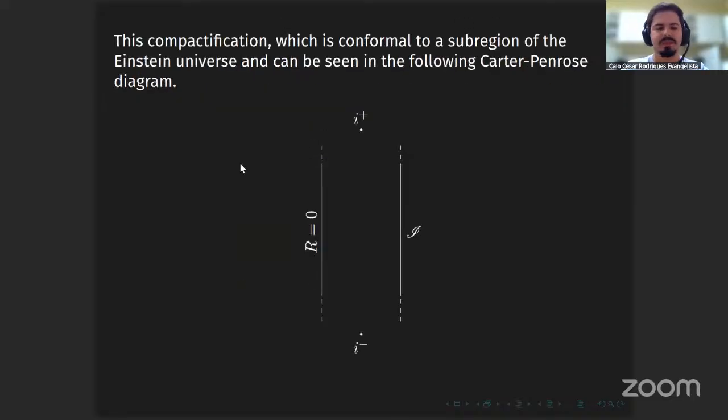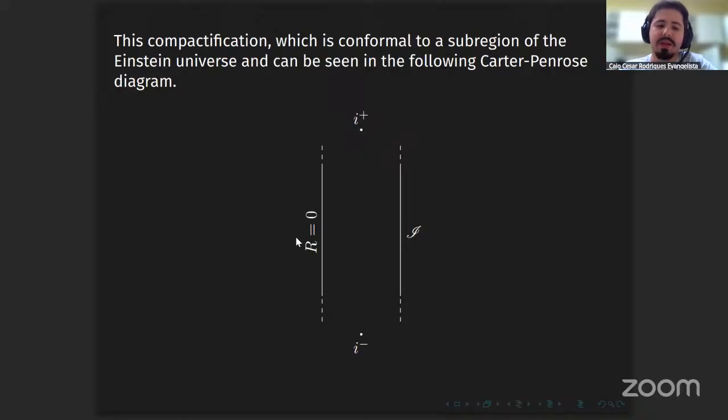So yeah, we can draw the Penrose diagram for this space-time, and it looks much similar to the anti-de Sitter space-time. We have the structure where I plus and I minus are the future and past time-like infinities, and scri is the null infinity, and R0 is the origin, of course.